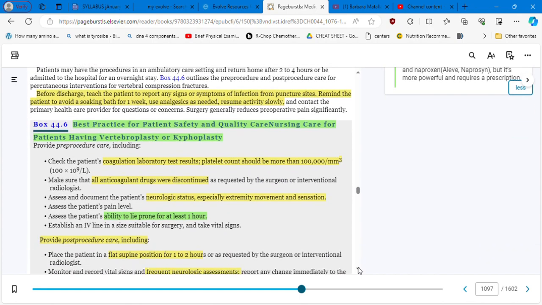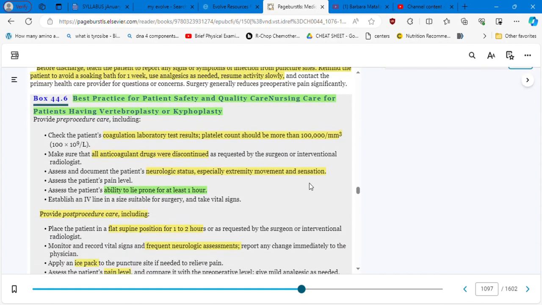Okay, best practice for patient safety and quality care, nursing care for patients having vertebroplasty or kyphoplasty. Check the patient's coagulation laboratory test results; platelet count should be more than 100,000. Even though platelets normally are 150 to 350 or 400, depending on the laboratory, the minimum should be more than 100,000.